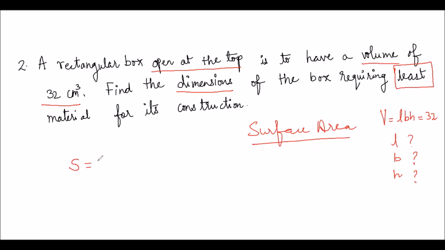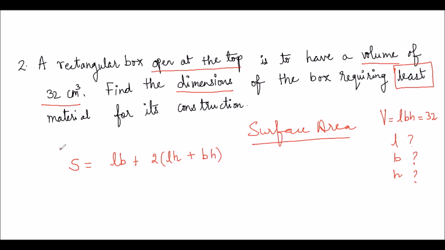Surface area, since the box is open, from the base it will be LB, and since it is open at the top, we will be considering LB only once. And for the other faces of this rectangular box, we will be having 2 times (LH plus BH). In case the box is closed, then it will be 2 times (LB plus BH plus LH).